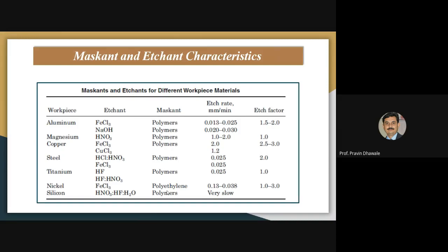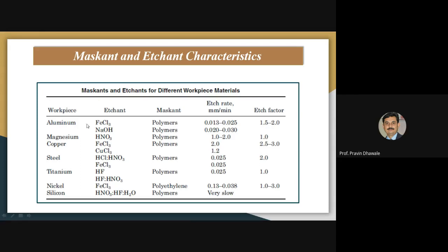This table shows the maskant and etchant required for different workpiece materials with certain characteristics. First, I will only describe one. If you have to carry out chemical machining of aluminum, you may use the etchants FeCl3, iron chloride, and sodium hydroxide. For that purpose, we may use polymer maskants.